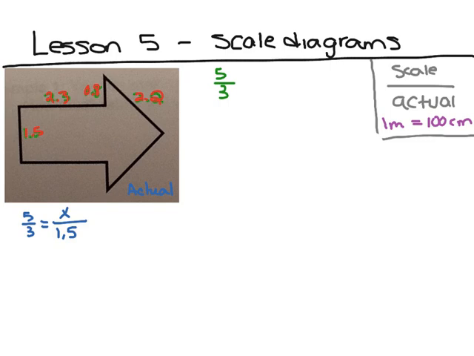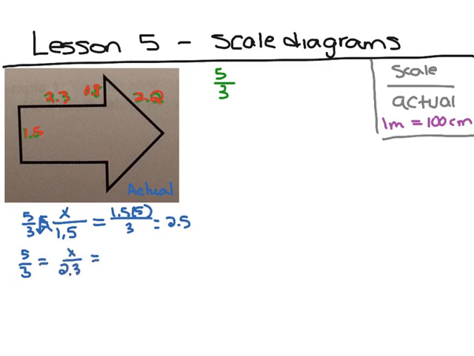We want to solve for the scale, which is the enlarged. So if you cross multiply and divide, so 1.5 times 5 divided by 3, you should get 2.5. Now we'll do the next one. 5/3 equals x over 2.3.